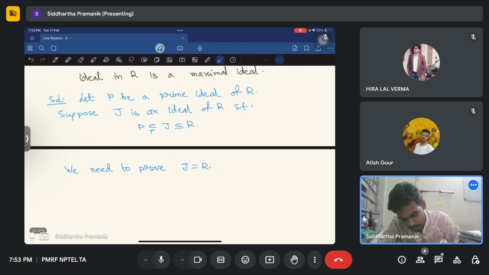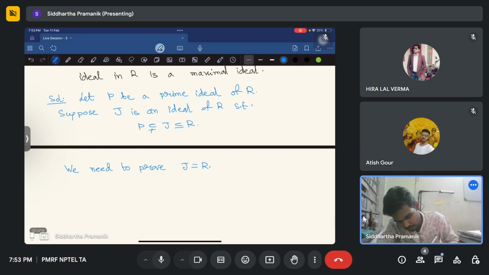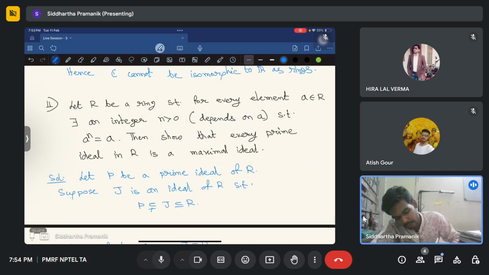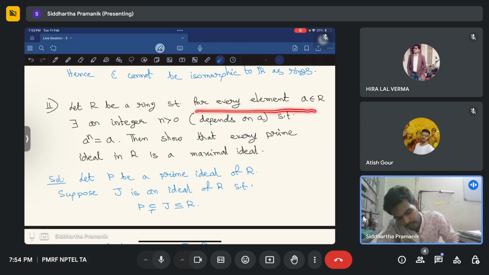Now P is a proper subset of J. Since P is a proper subset of J, there exists an element a belongs to J which is not in P, right? Also, by the given property, for every a there exists n such that a^n is a.